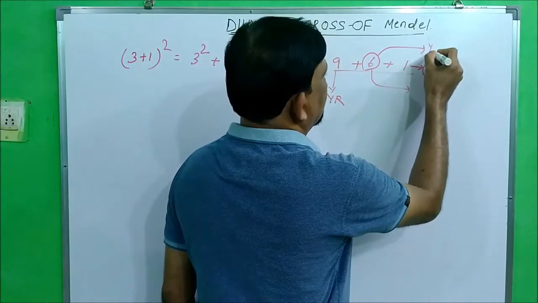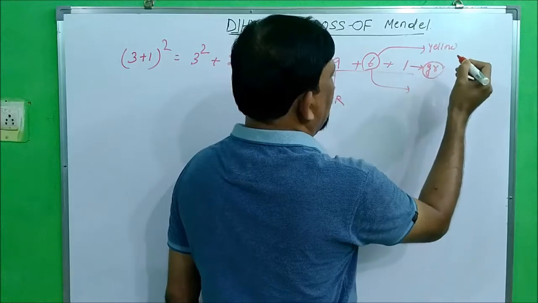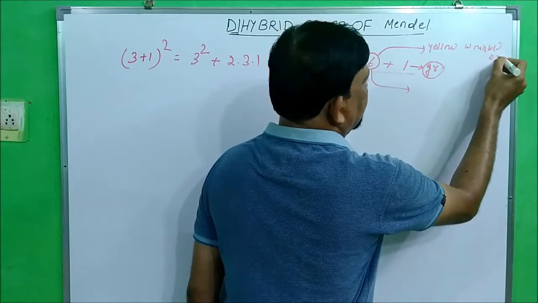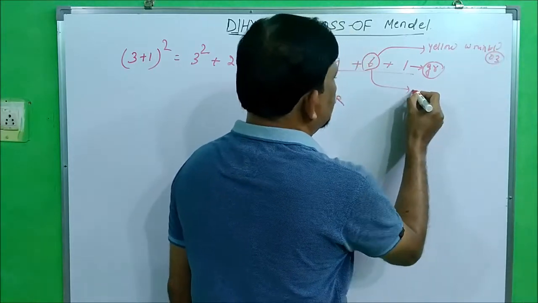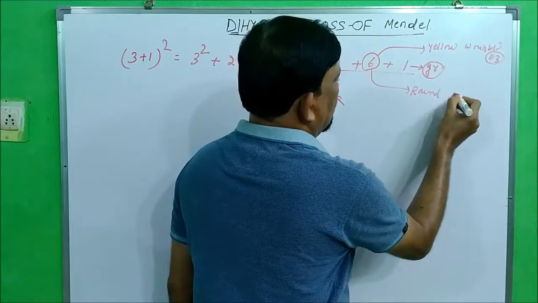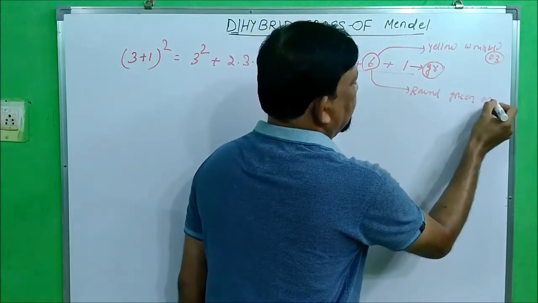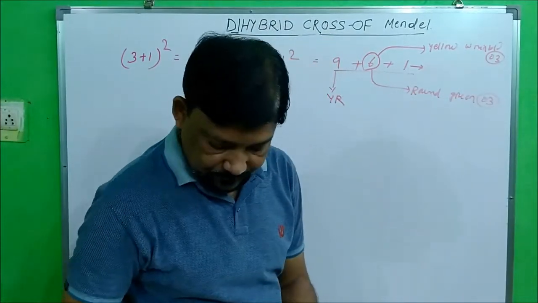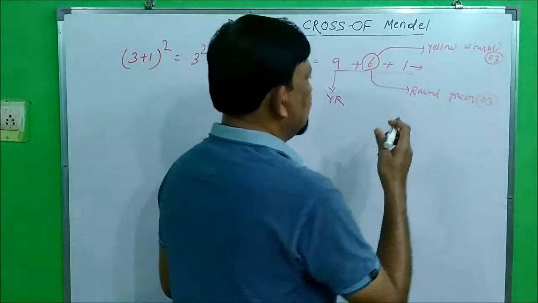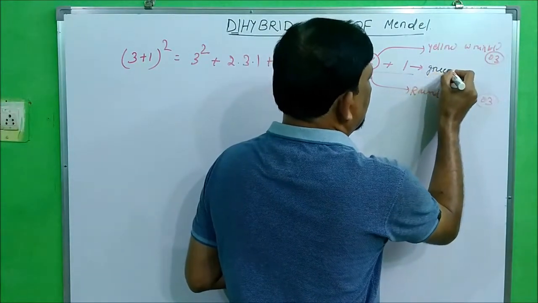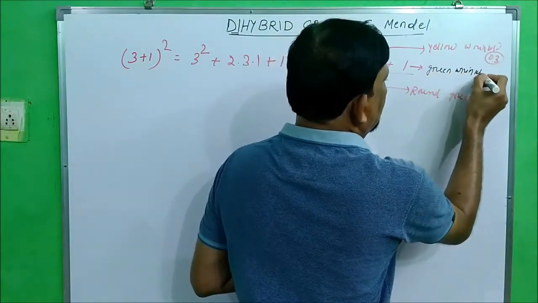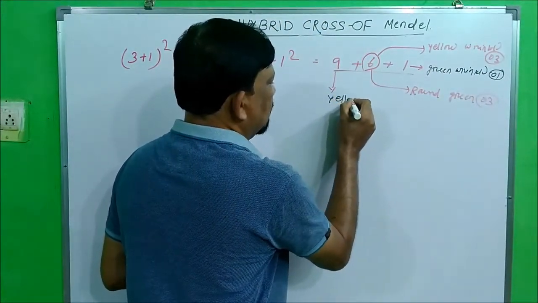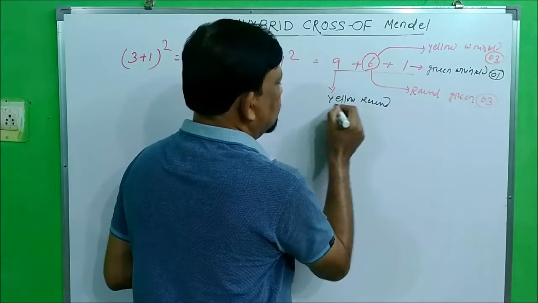And here you will get yellow wrinkled, 3 in number, and here you will get round green, 3 in number, and this one is the recessive parent which you have taken, that is green wrinkled, 1 in number, and this is yellow round.